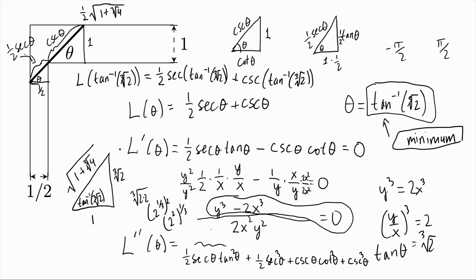What's the cosecant? So now cosecant is the hypotenuse if this side length were 1. So to make it 1, you just divide everything by cube root of 2, then this side length would be 1.